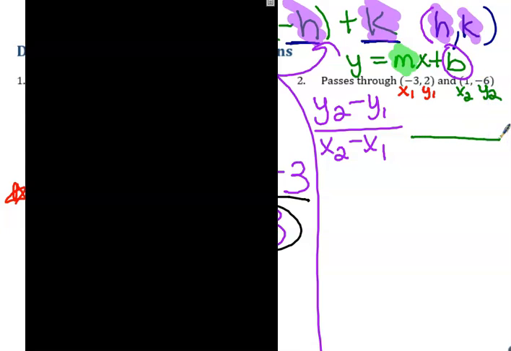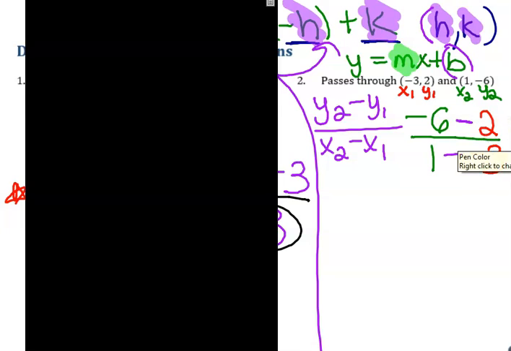I'm going to put the y's on the top because I rise first. So -6 minus 2, because that's my y2 and my y1. And then my x2 is 1 minus my x1, which is -3.